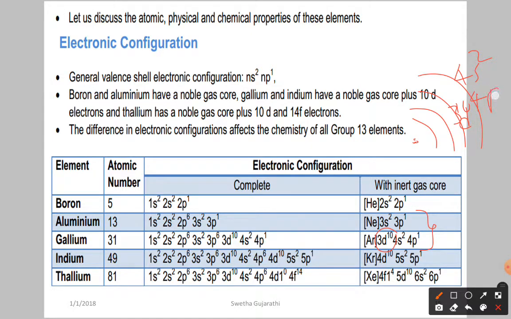The d and f orbitals have a poor screening effect, so the nuclear attraction over the outermost shell increases, pulling the electrons towards it, and the size decreases. This is because of the poor screening effect of the 3d10 electrons.